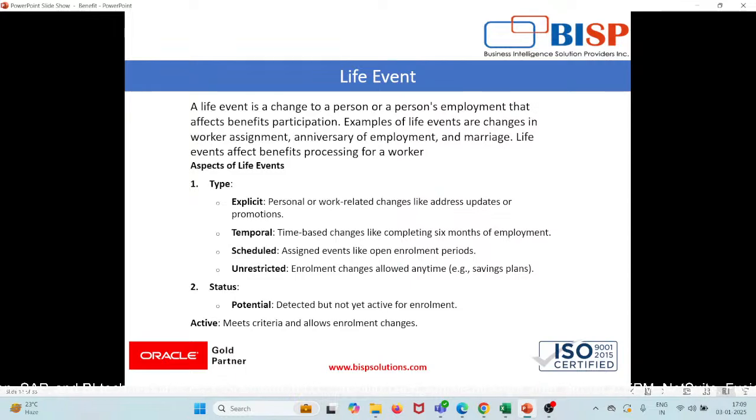Then scheduled and unrestricted. Unrestricted will be your enrollment changes allowed anytime. Then there is the status of the life event. There are two statuses. One is potential, which is likely to be active in the future, and the second one is active. If everything meets the criteria, then your life event is active.